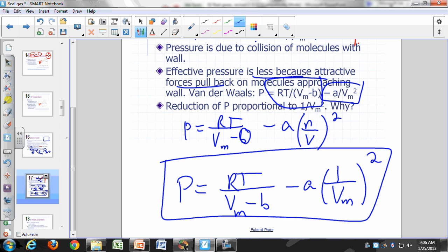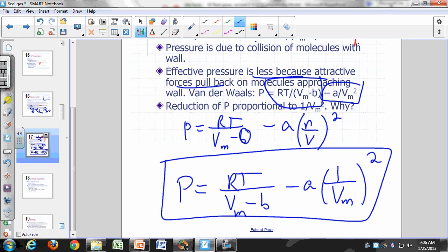So this is a better equation to use under conditions where ideal behavior is not observed. Okay? So this A right here depends on the nature of the molecules. Molecules that attract more strongly, you expect to have a bigger correction, so you have a bigger value for A if you have molecules that attract more strongly.